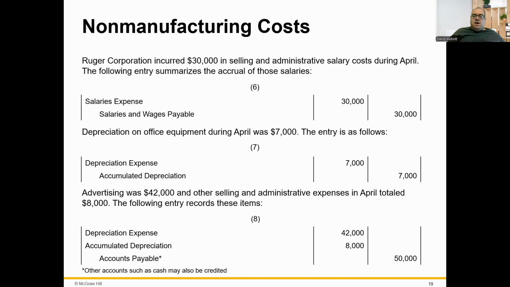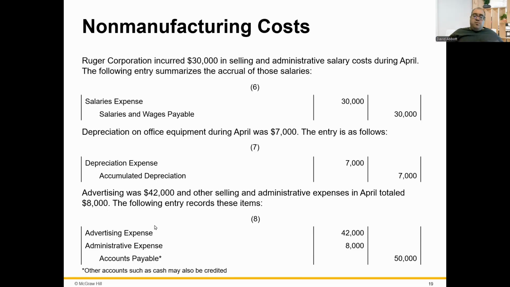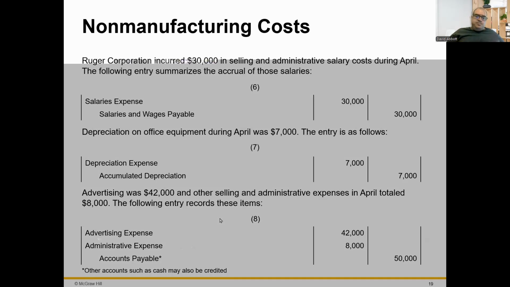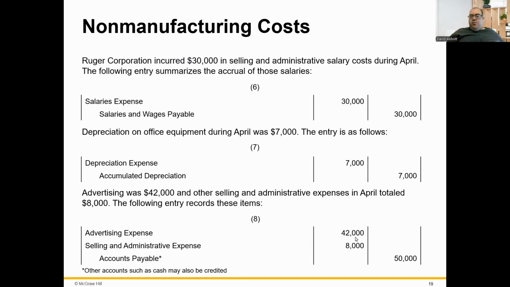And then we would go ahead and credit accounts payable or whatever for 50,000. But that actually is a typo there. All right, so this is how that should read, not what was there. It should be advertising expense, 42,000 debit, selling administrative expense, 8,000 debit, and then 52 accounts payable.